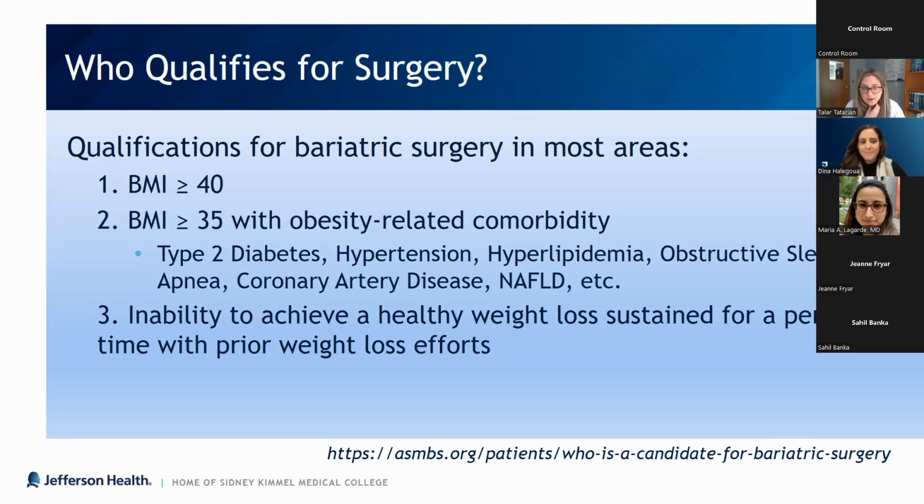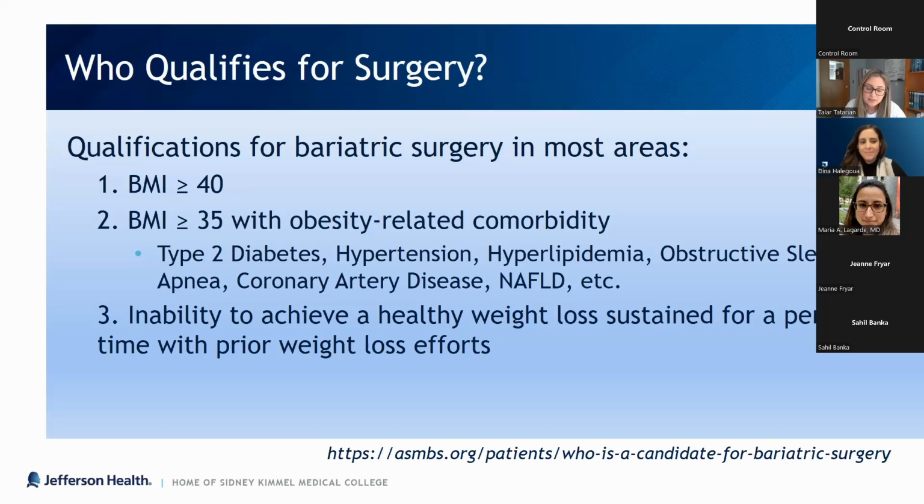So who qualifies for surgery? Really, most insurance companies follow a BMI of 40 or greater, you'll automatically qualify. Or if you have a BMI of 35 with another, what we call obesity-related comorbidity, so another medical condition, and I've listed a couple examples here: diabetes, high blood pressure, cholesterol, sleep apnea, and then fatty liver disease or NASH as well.